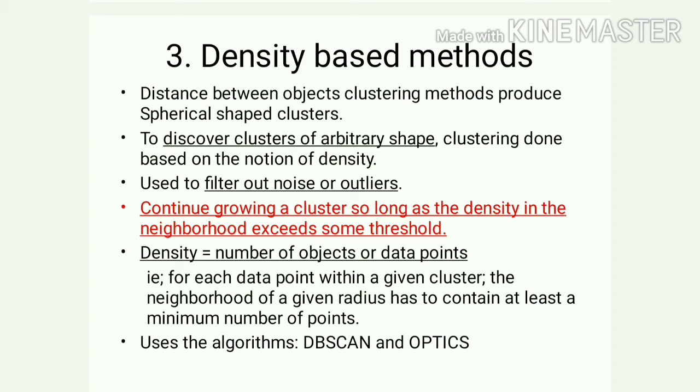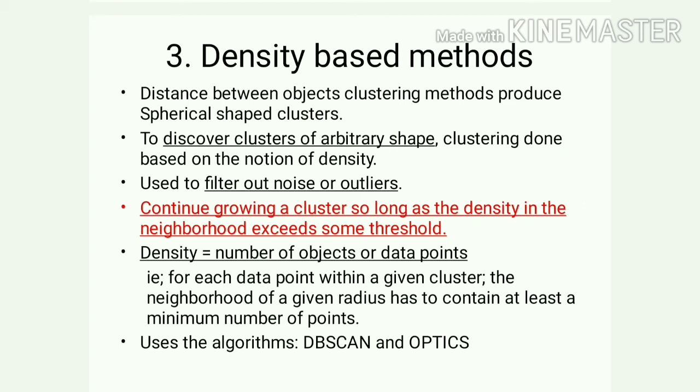That is, for each data point within a given cluster, the neighborhood of a given radius has to contain at least a minimum number of points. This is the density.